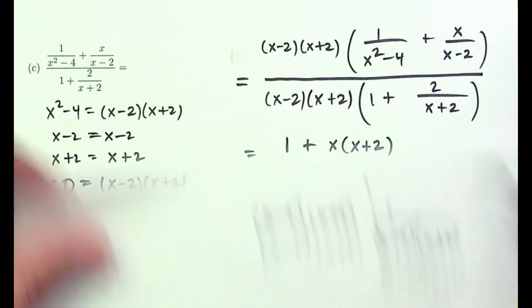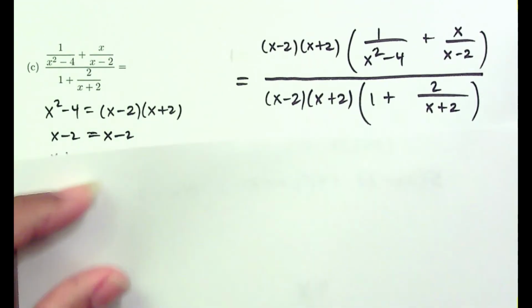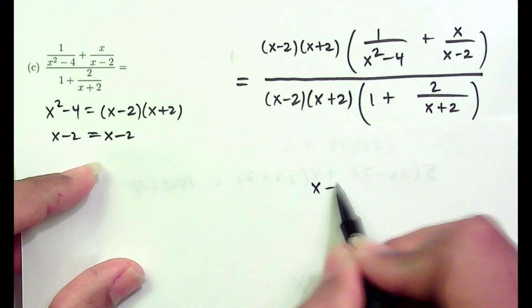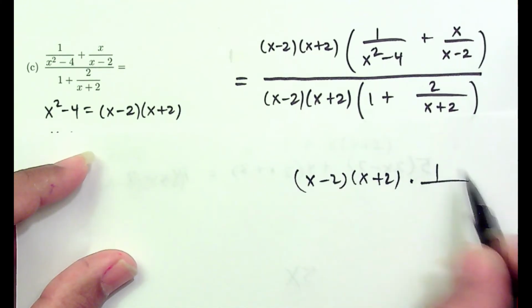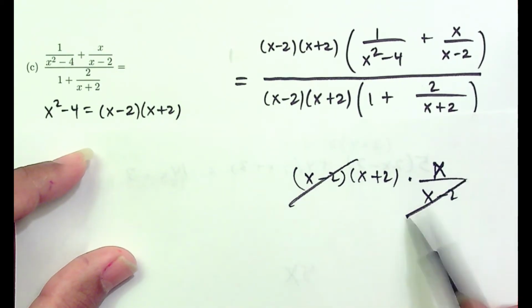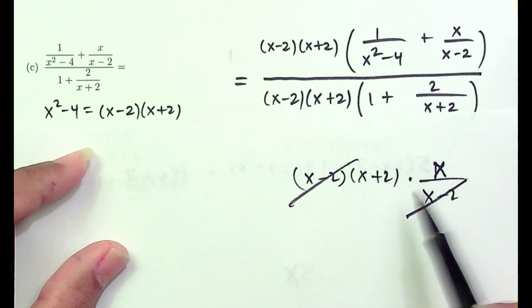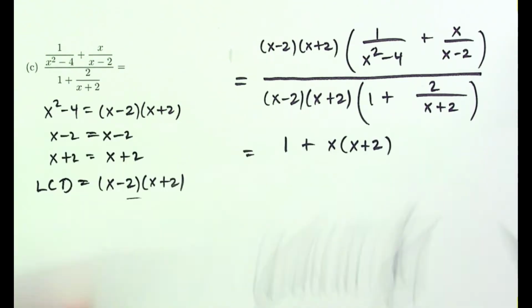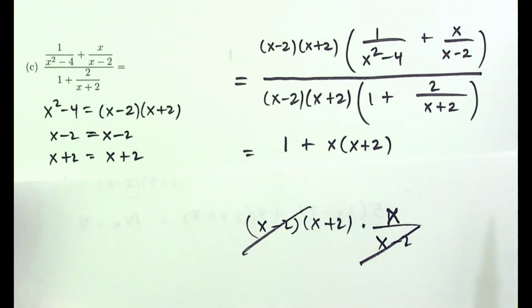So that's that one. And then for the other one, when you distribute, that's (x minus 2)(x plus 2), and then I'm multiplying by x over x minus 2. So this x minus 2 cancels, and you're left with x plus 2 times x. That's what I wrote, but I changed the order because the order doesn't really matter.